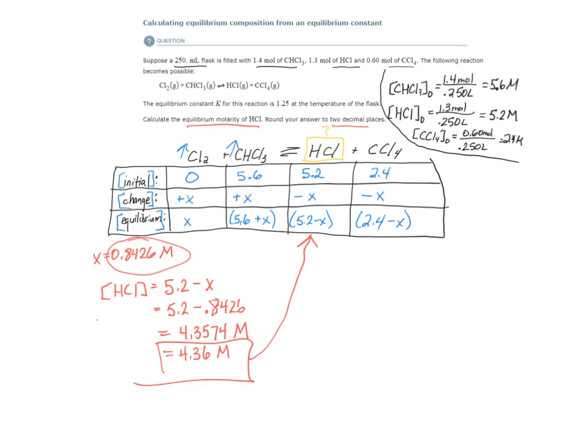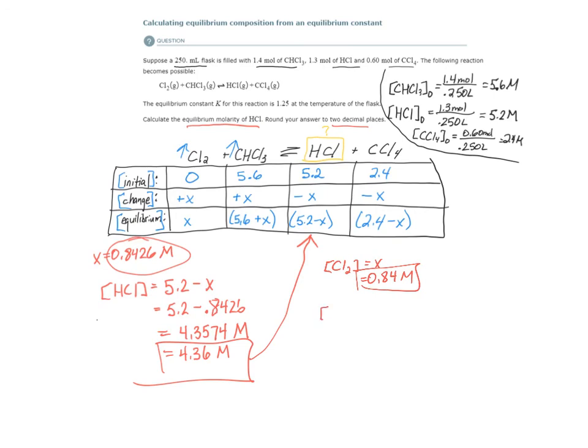On the exam or on other problems, they may ask you for the equilibrium concentration of all of these substances. You would do it the exact same way. And for the sake of completion, let's go ahead and do it here. The equilibrium concentration of Cl2 is equal to X, which is 0.84 molar.